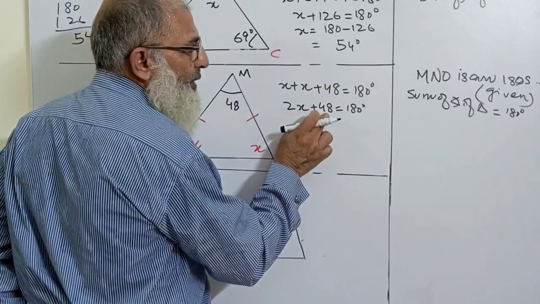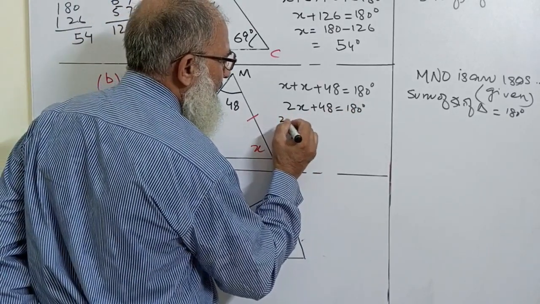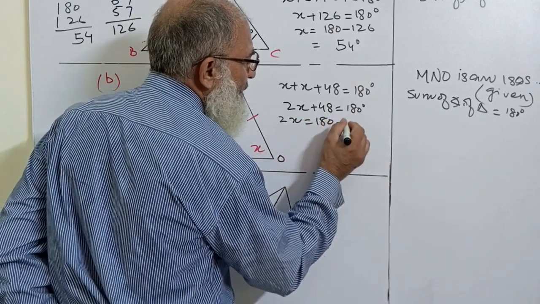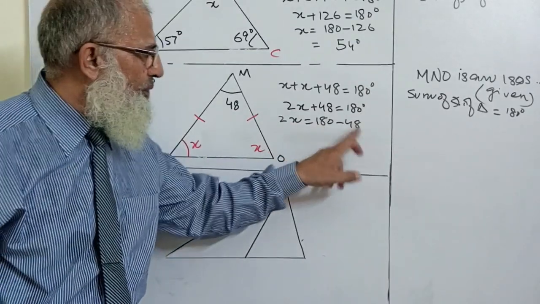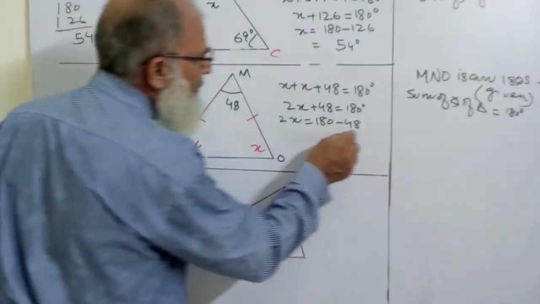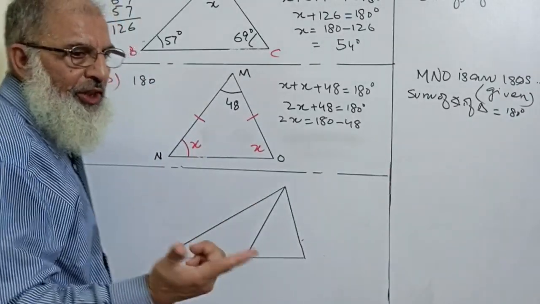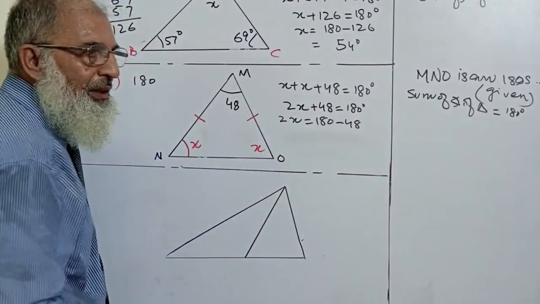So we'll eliminate this 48 from here and put it on the right hand side. That is equal to 180 minus 48 degree. We have come up to here. You see that this is 48. Just suppose we round it to 50. Then if it is 50, it is 130.